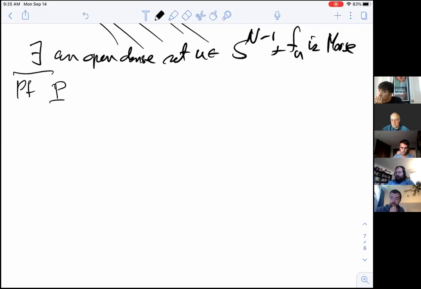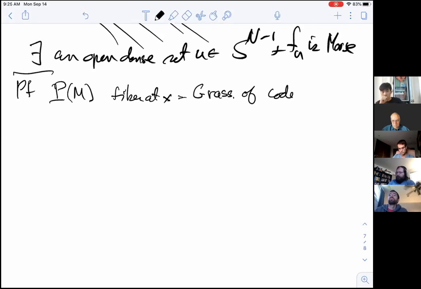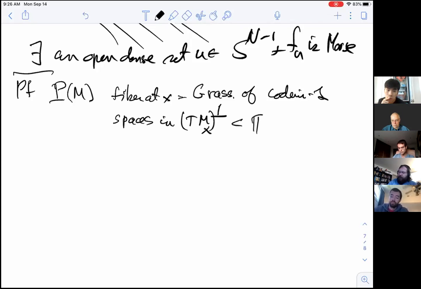Let's define a vector bundle over M whose fiber at X, sorry, it's not a vector bundle, it's a locally trivial fiber bundle, whose fiber at X is the Grassmannian of codimension 1 linear spaces in the normal bundle, the perpendicular to the tangent bundle at X in R^n.